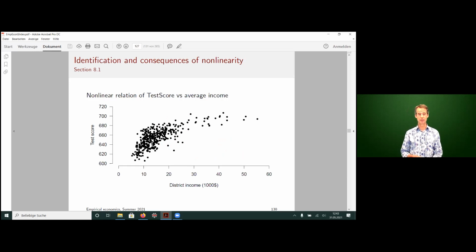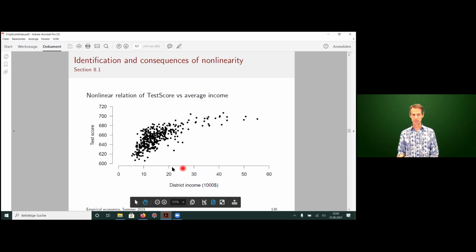So it's a reasonable assumption. While if you look at this plot, where we have the test score again on the y-axis, the endogenous variable, but the district income in 1,000 US dollars on the x-axis, you will see that the average relationship between district income and test score cannot be approximated in a sufficiently nice way by a straight line.